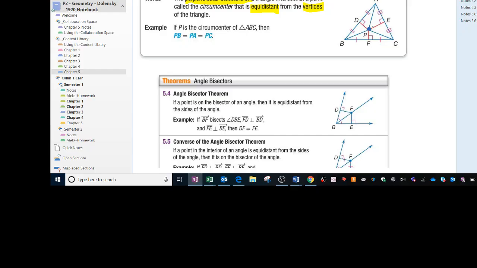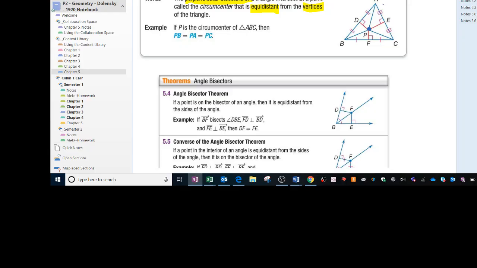Okay? So again, the perpendicular bisectors of each side meet inside the triangle and they are equidistant from the vertices.